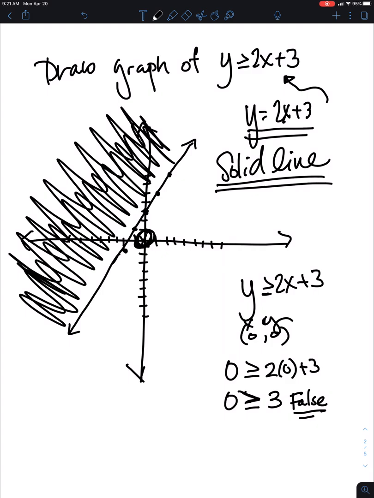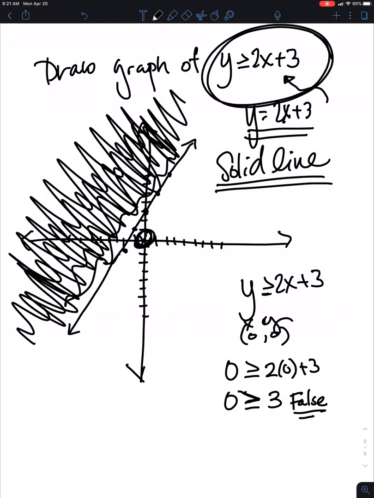Okay, so any point you pick over here, including the line, should satisfy this inequality right here, and of course this goes on forever and ever, my window is just small. And you could always pick a point and see. So if I go drastic here, like negative 10 comma 10, it should satisfy because it's in that area.